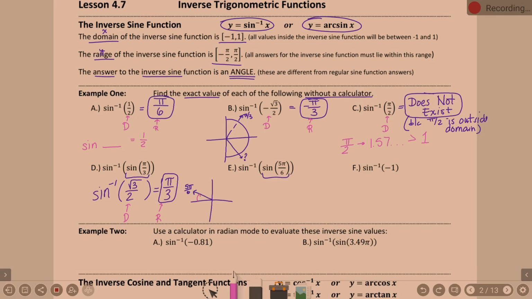In other words, remember when I say reference angle, I'm asking how far is it from the x-axis? And it is pi over 6 from the x-axis, right? So when we say sine of 5 pi over 6, remember that is fancy speak for saying what is the sine of pi over 6 in quadrant 2?